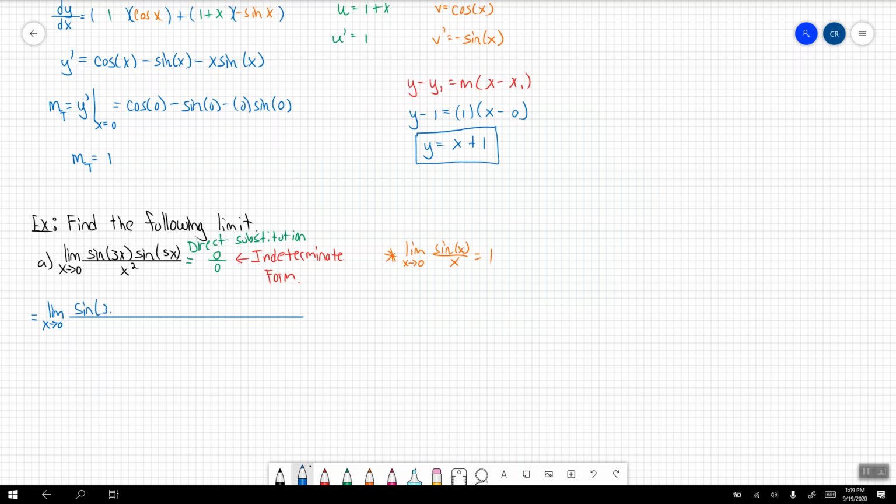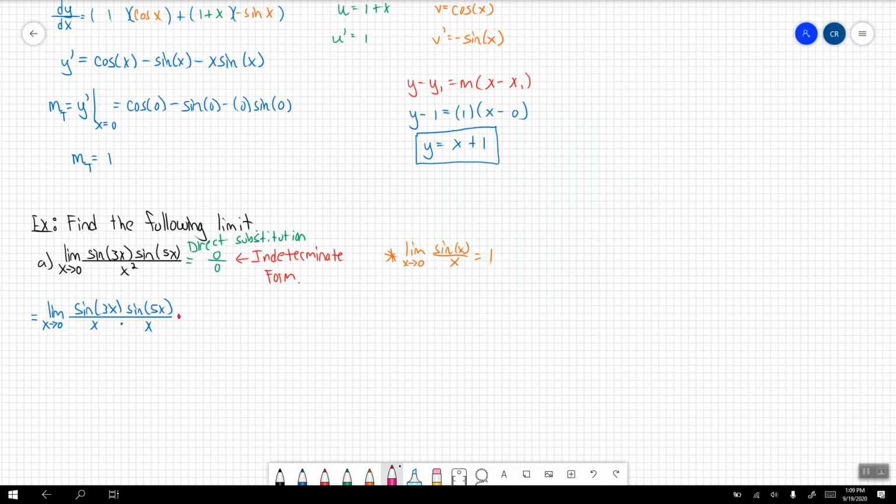I still have sine of 3x, I still have sine of 5x, but the denominator I'm actually going to split into x times x. Let me know if you all agree with that. And I'll pretend I heard you all say, yes, we agree. Awesome.